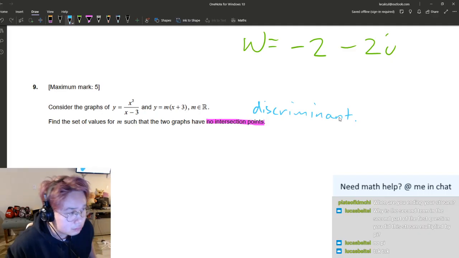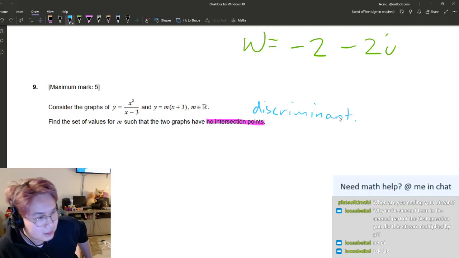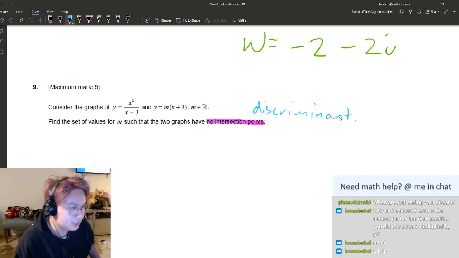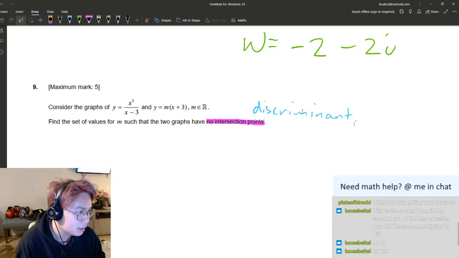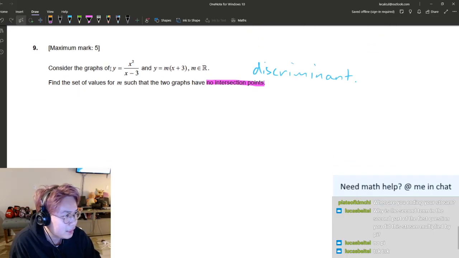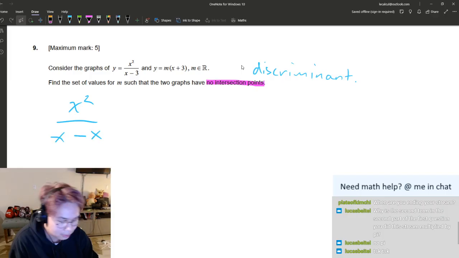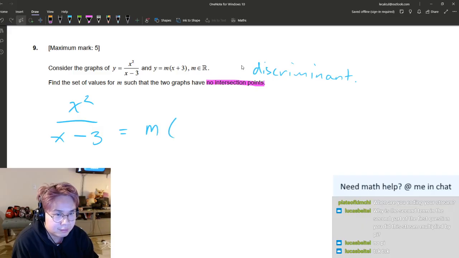Because things that have to deal with existence, such as the existence of no intersection points, generally we can come back to a discriminant. So let's see, if I make these two things equal, and then we'll see what happens. So x squared over x minus 3 is equal to mx plus 3.